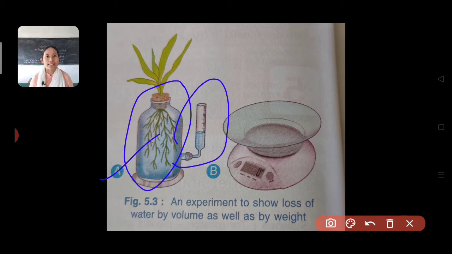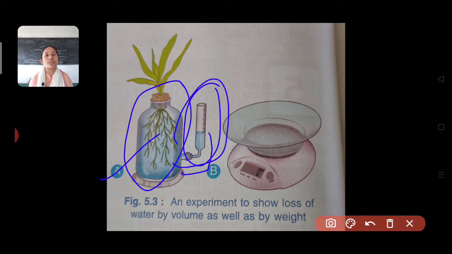You will keep this setup in sunlight for a few hours. After that, you will see the volume of water in this measuring tube decreasing, and the amount of water that has decreased in this tube will indicate the loss of water through transpiration.